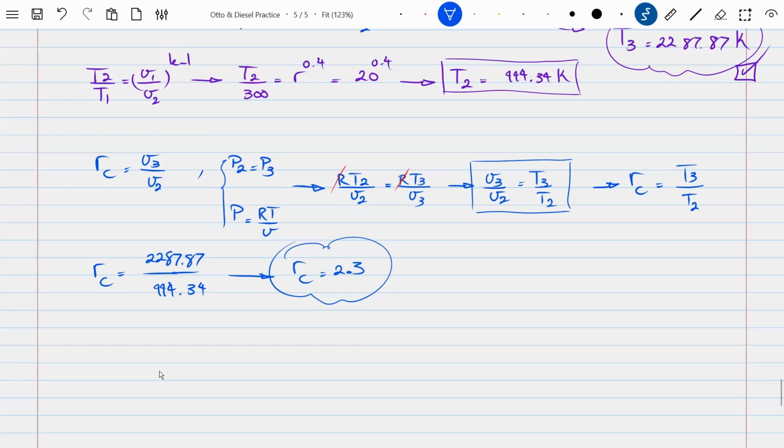It has a few more players than the Otto cycle. It has the cutoff ratio thing, which potentially can throw you off guard. But just remember the lecture, just remember your equation sheet, and just know that the cutoff ratio is the ratio of volume 3 to volume 2, and you can easily relate it to temperature 3 and temperature 2.